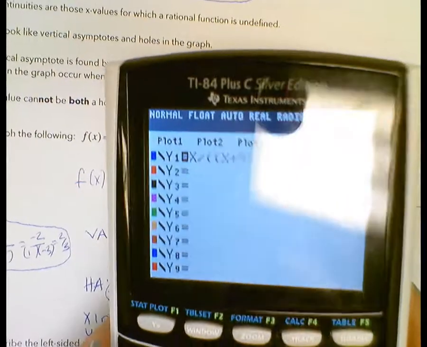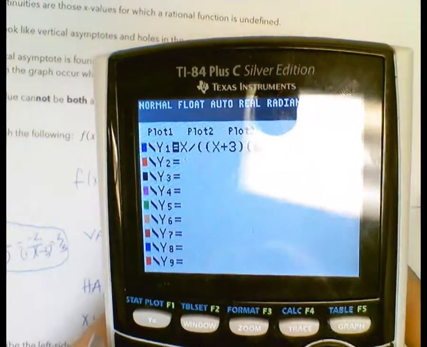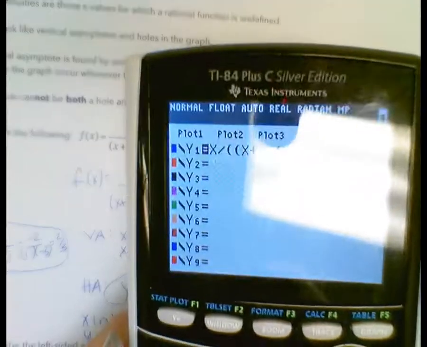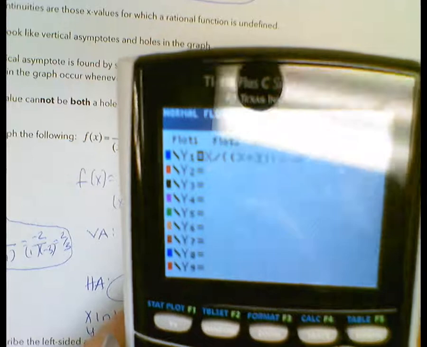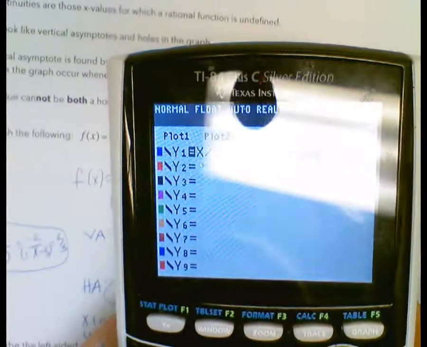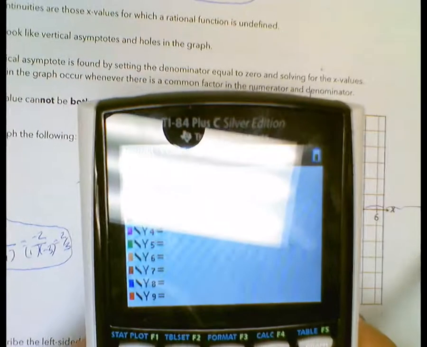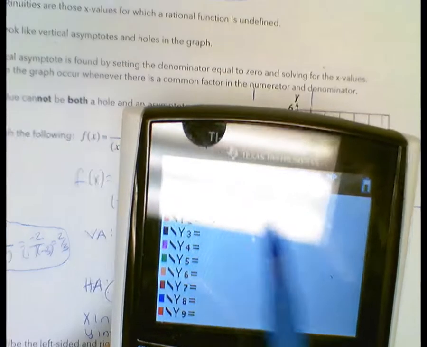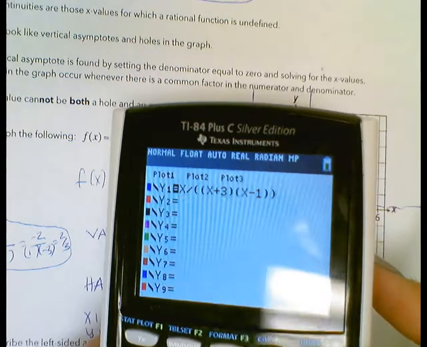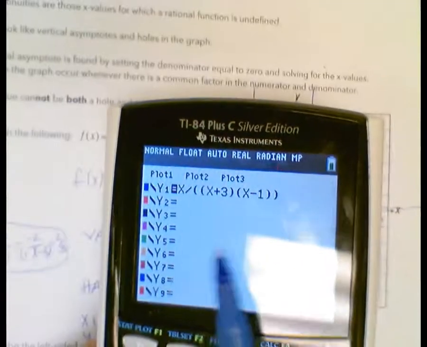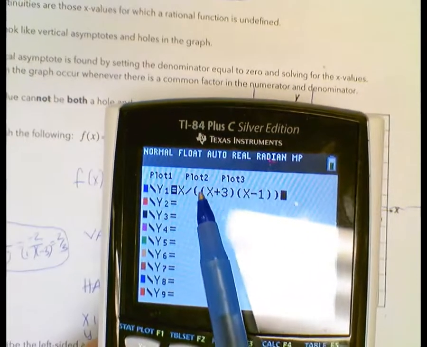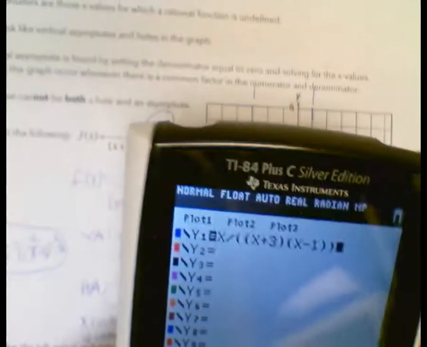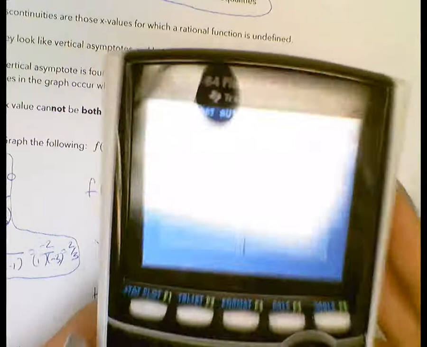X plus 3, parenthesis, parenthesis again for the second factor, which is x minus 1, parenthesis, parenthesis. Do you see how I had to group those? One set of parentheses was not enough for this. You need to group both factors in there. You can't see that because of the glare. See how I have two left parentheses to start, two right parentheses to end. Anyway, let's press zoom 6 and see what it looks like.